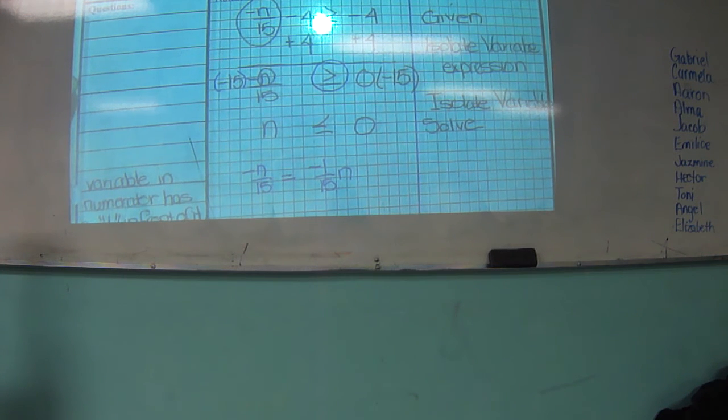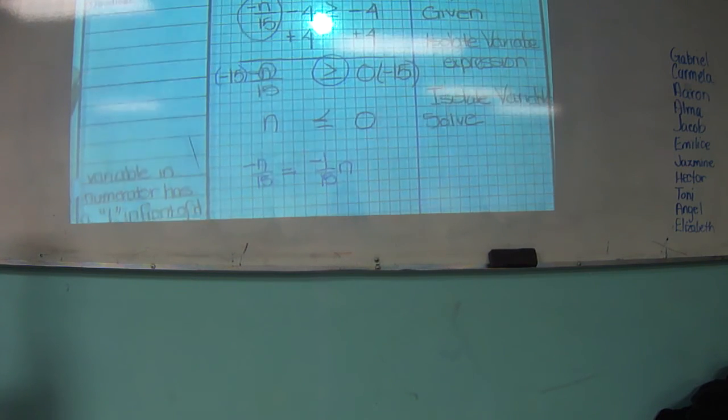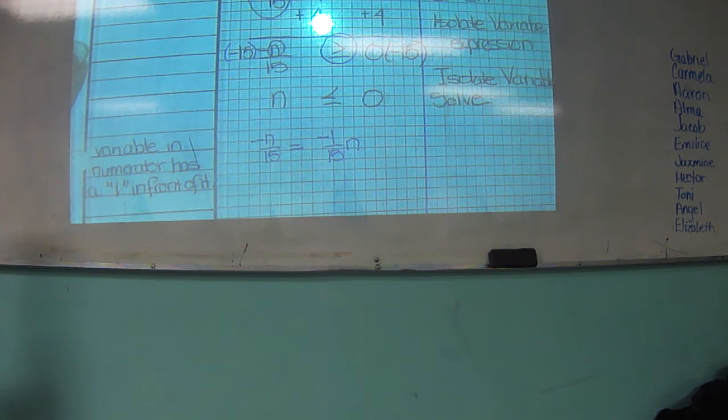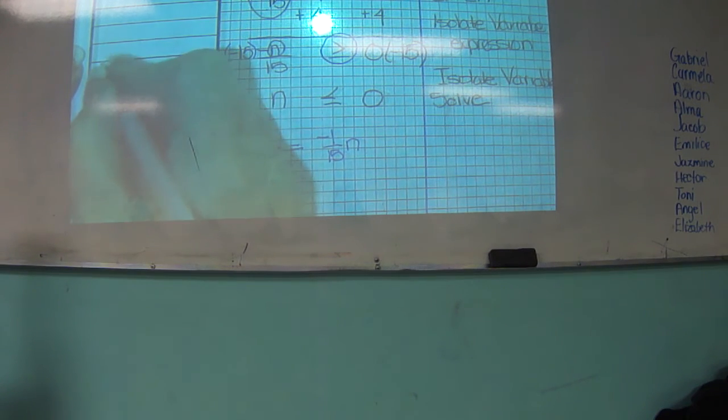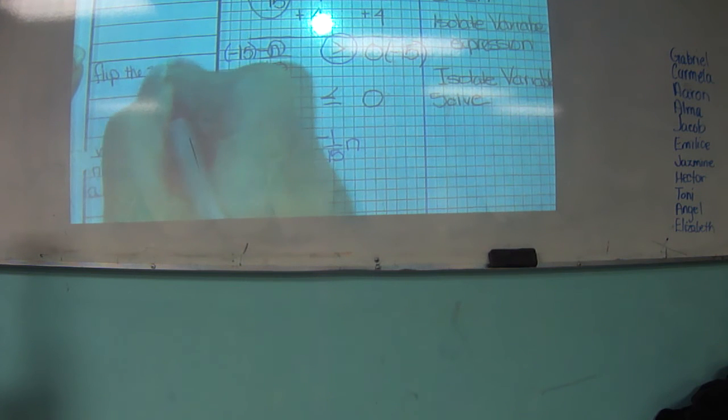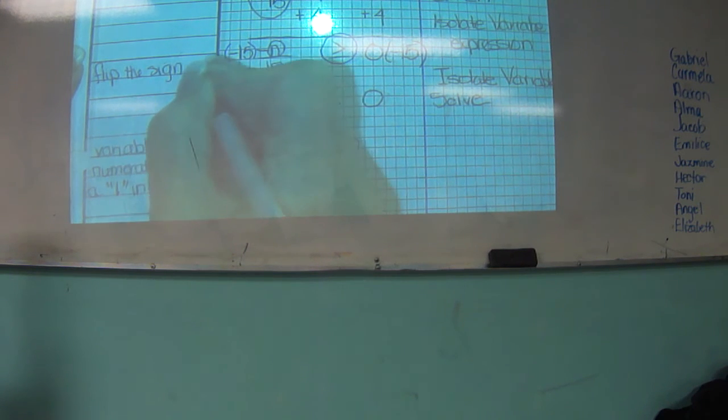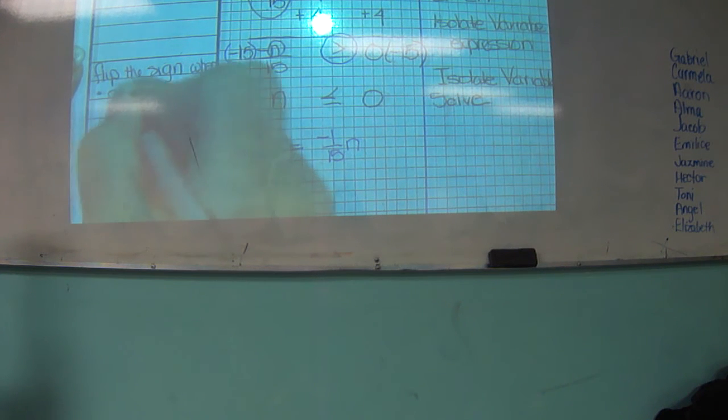We've got to remember that because it makes it easier when it comes time for us to find our multiplicative inverse or our reciprocal. Flip the sign when multiplying or dividing by a negative.